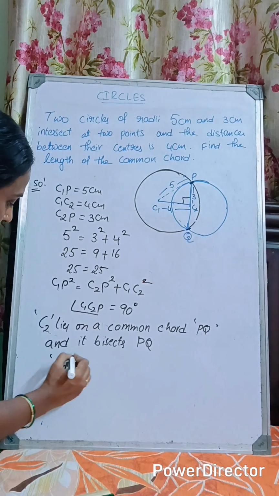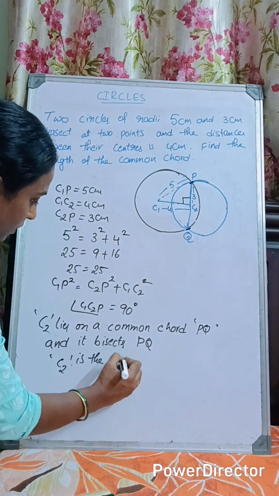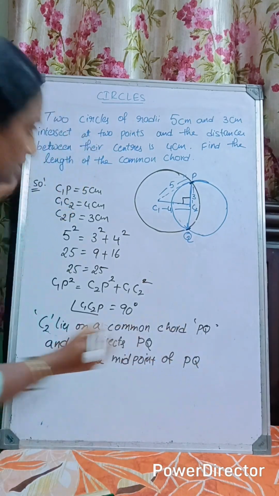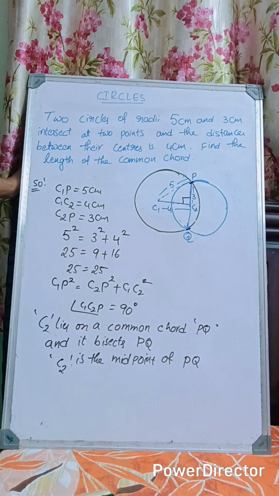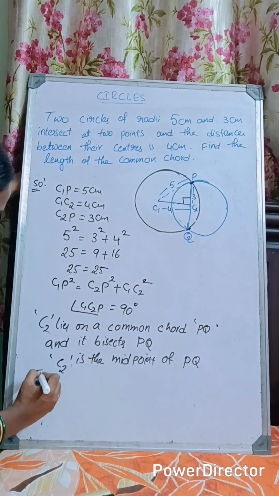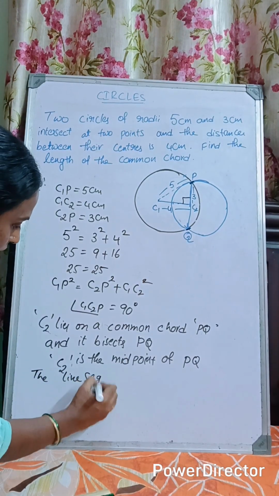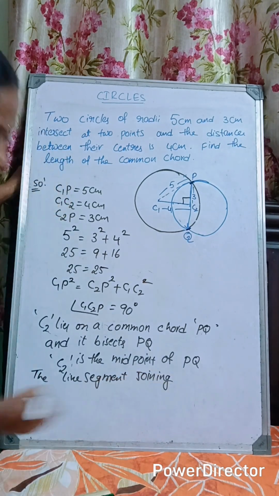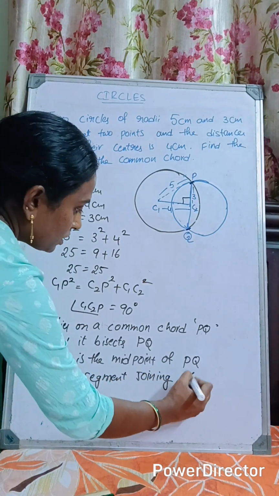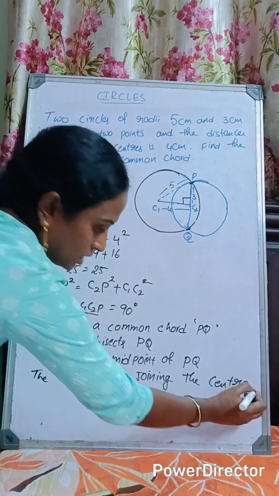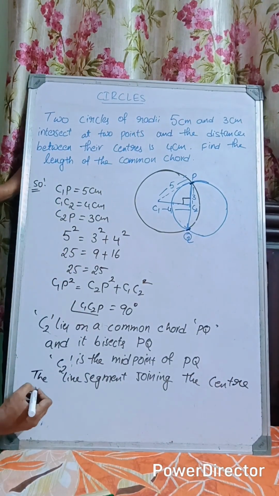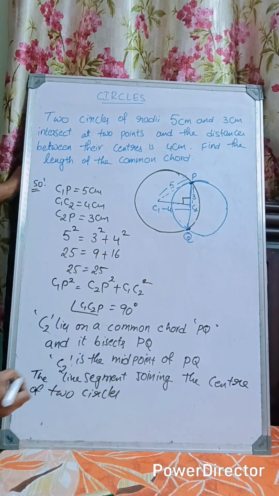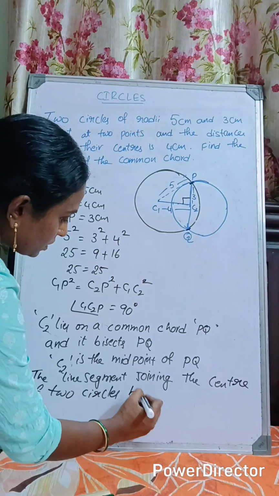Yes, C2 is the midpoint of PQ. Correct? So the line segment joining the centers of two circles bisects the chord.